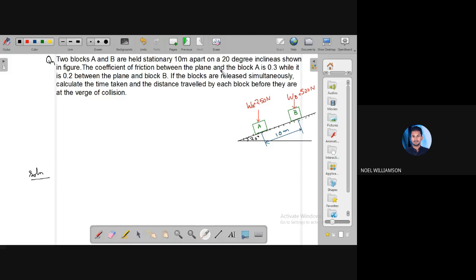The coefficient of friction between the plane and block A is 0.3. That is, here in this surface, point A, the mu for this surface is taken as 0.3. Let it be mu A. So we can say mu A is 0.3.